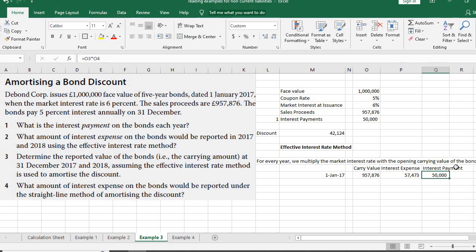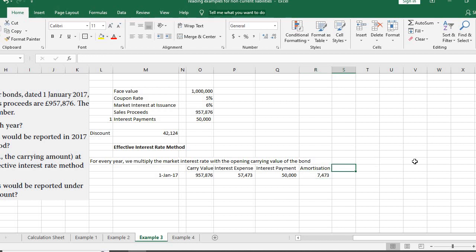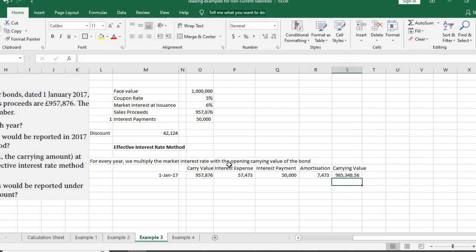The difference between our interest payment and our interest expense is the increase in our carrying value. So this is the carrying value at the year end, which will be 957,876 plus 7,473.